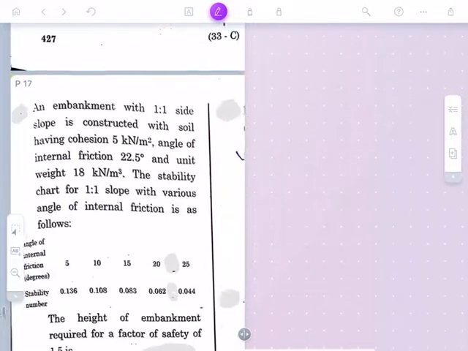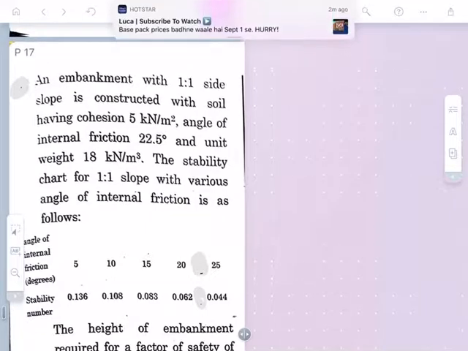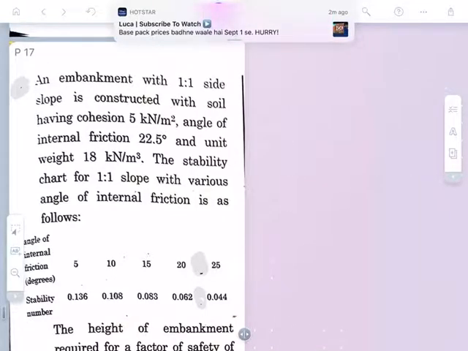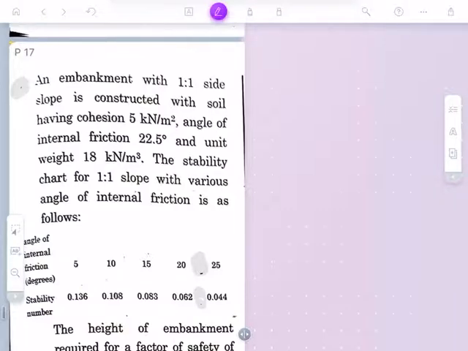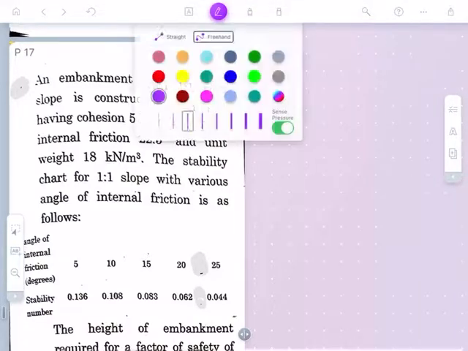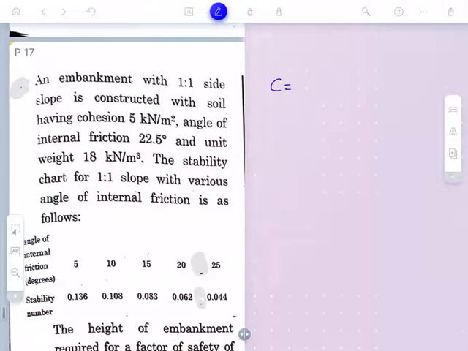Next one is again a question from geotechnical engineering, very important and very easy. In this question they are telling an embankment with a side slope 1:1 is constructed with a soil having cohesion equal to 5 kilonewton per meter square. The angle of internal friction is 22.5 degree and the unit weight is given, which is 18 kilonewton per meter cube.